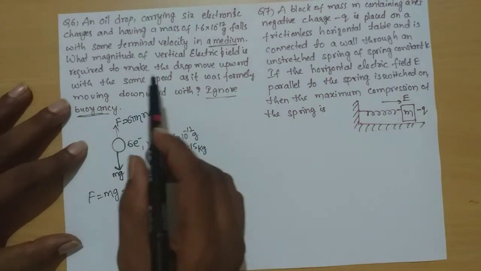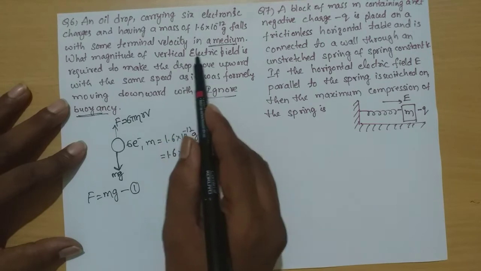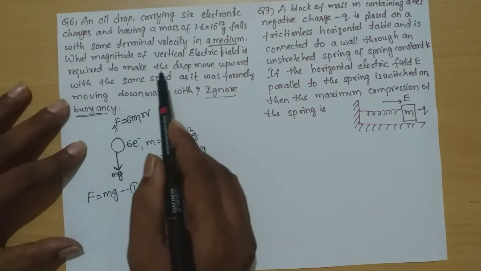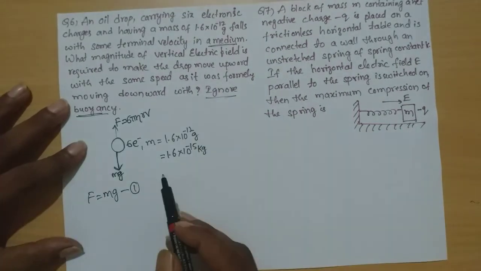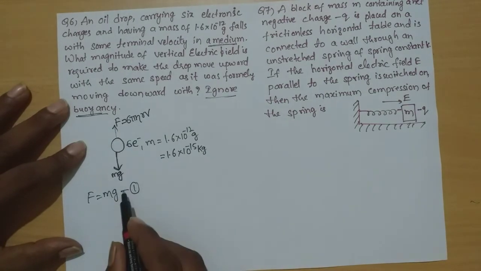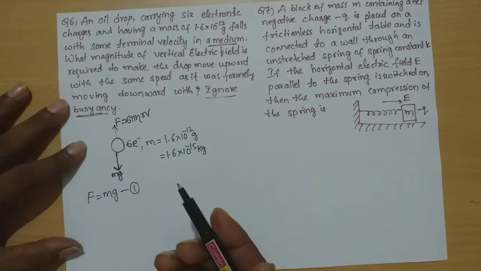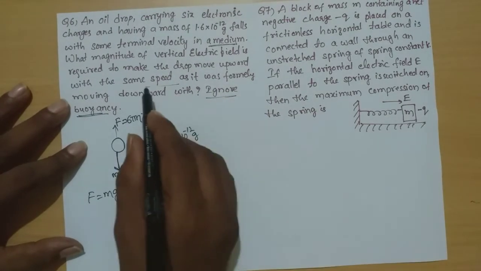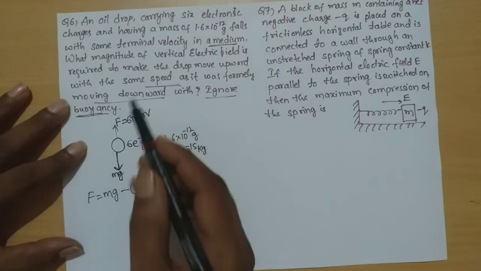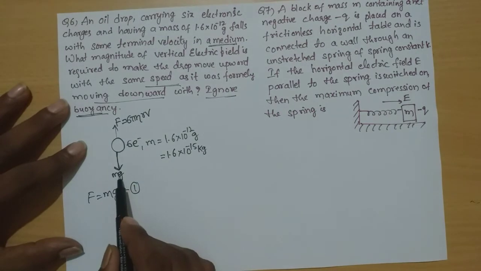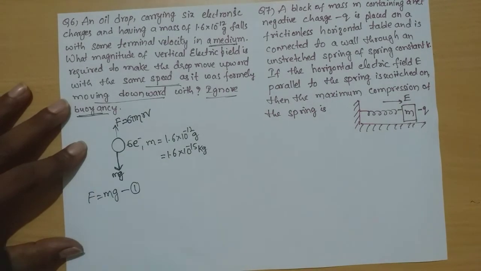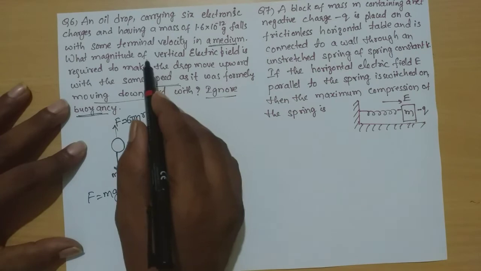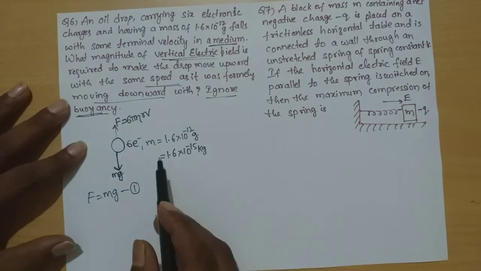The next part says: what magnitude of vertical electric field is required to make the drop move upward with the same speed? Whatever the speed it is coming down with, we have to apply an electric field to make the drop move upward with the same speed as it was formerly moving downward. Initially it comes down with some velocity; to get the same velocity upward, what is the magnitude of the electric field we have to apply in the downward direction?